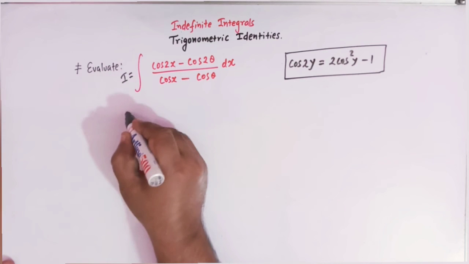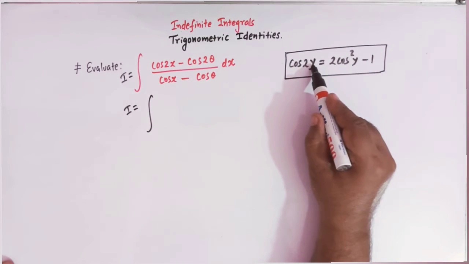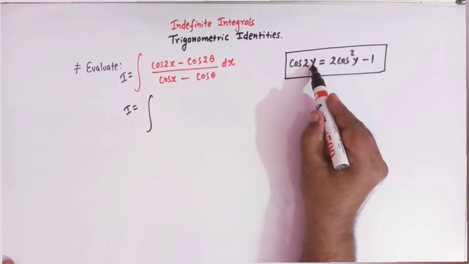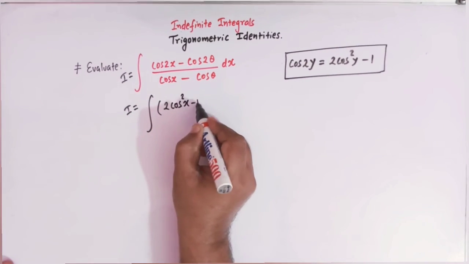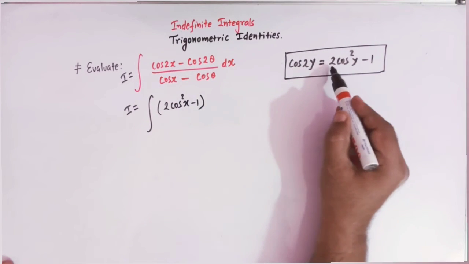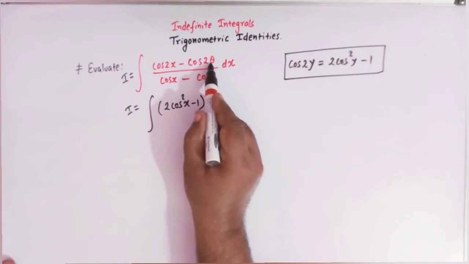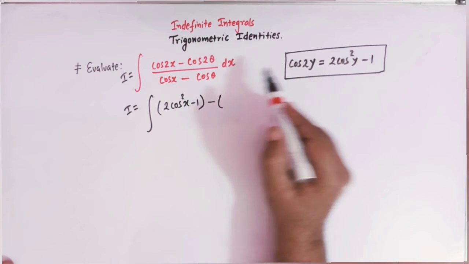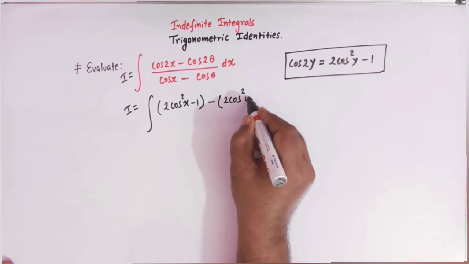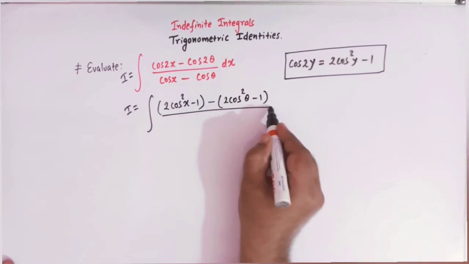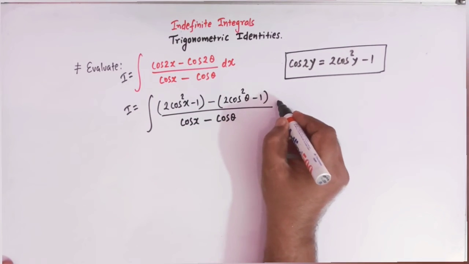So now we can replace this cos of 2x by taking x for y. So cos 2x becomes 2 cos square x minus 1, and here cos of 2 theta, if we replace y by theta, becomes 2 cos square theta minus 1, and in the denominator we have cos of x minus cos of theta, right?